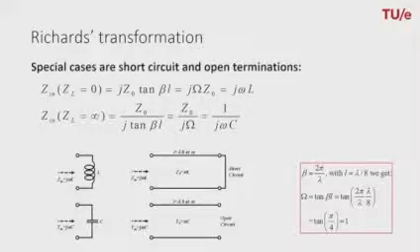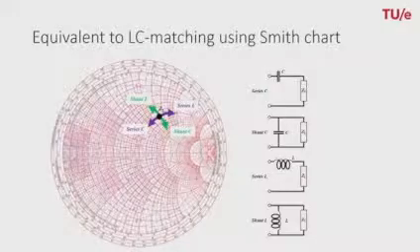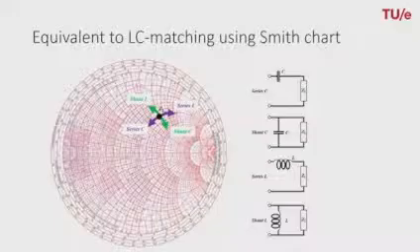This means that in the figures that we've shown here, we really have the one-to-one correlation between the lumped element, L or C, and the short-circuited or open-circuited transmission line. So with Richards' transformation, we have the equivalence of LC lumped elements in terms of transmission lines with a certain length and open or short-circuited.